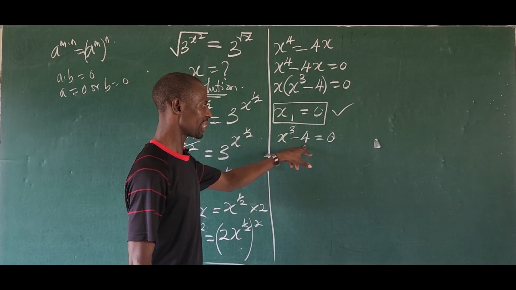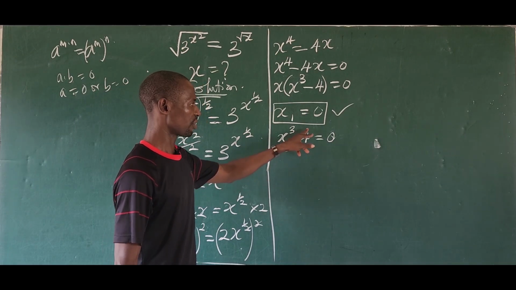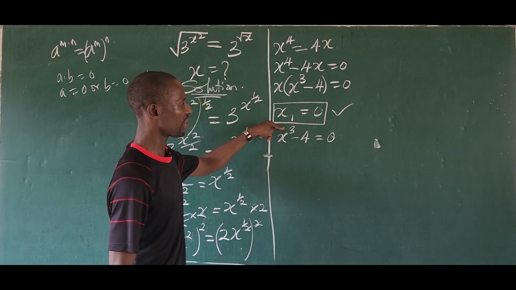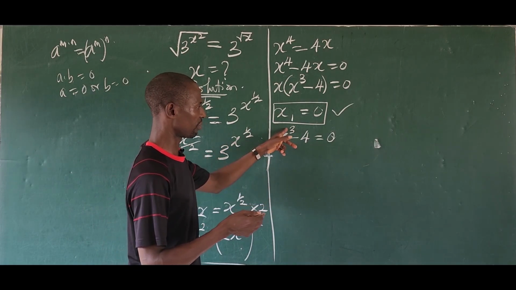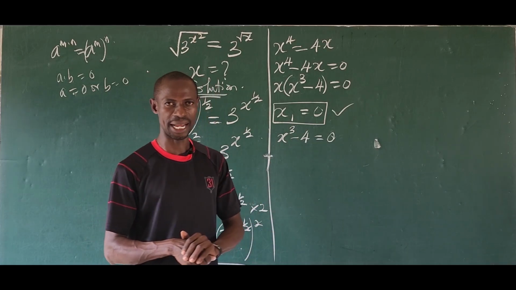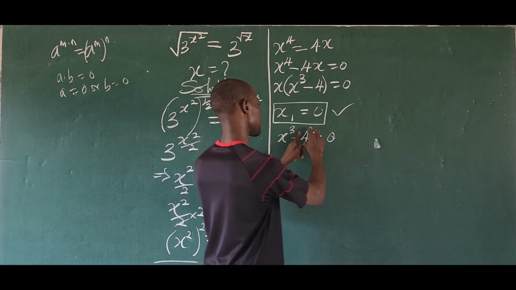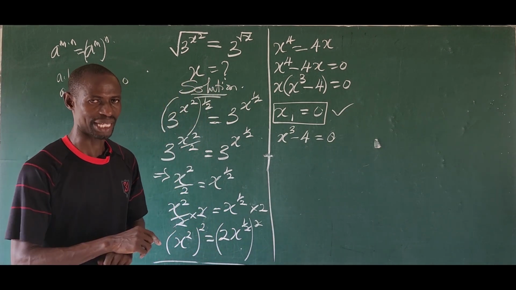If we decide to write this as 2 to the power of 2, that will give us a power of 2. And here we are having a power of 3. And so there is no correlation between the power of 3 here and that of 2 here, as far as this expression is concerned. So we try to rewrite this to the power of 3. And how do we achieve that?